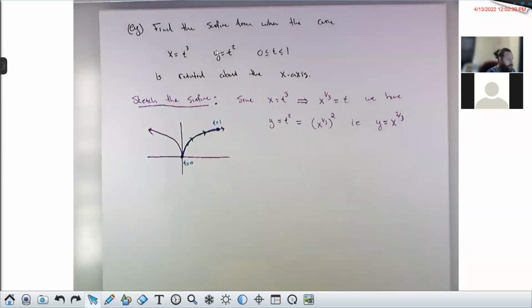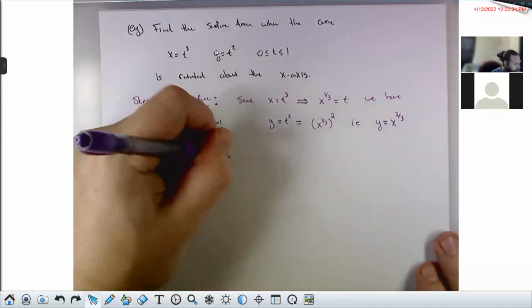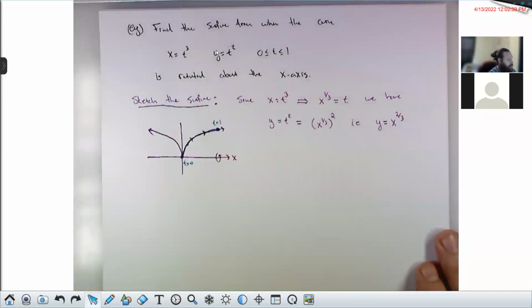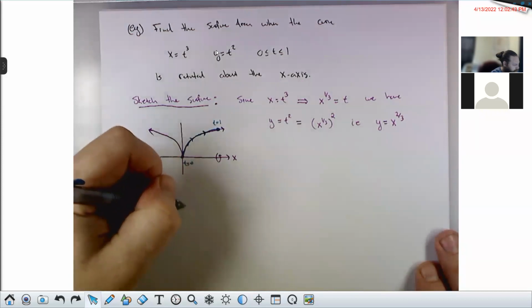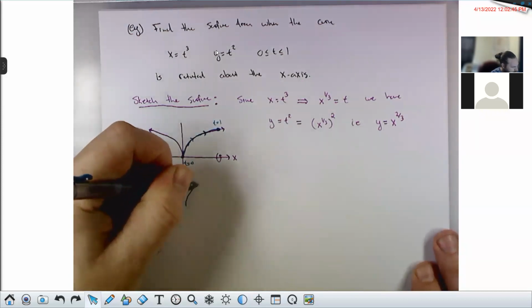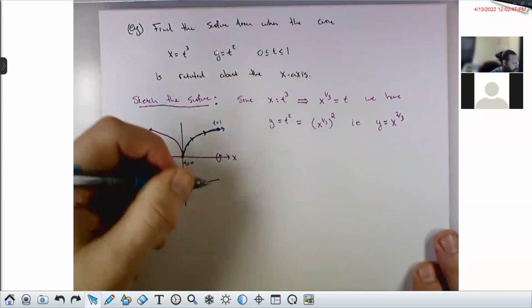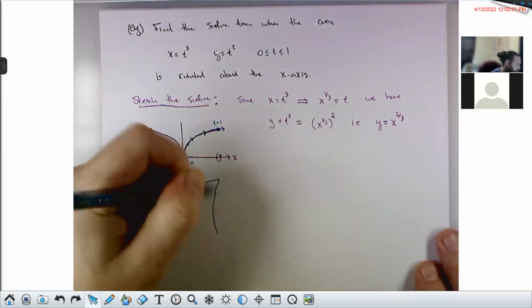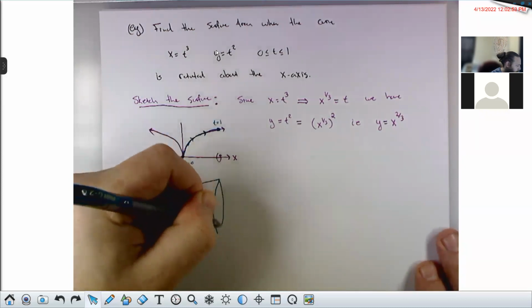So if I were going to revolve this curve around the x-axis, then the solid I would get will look something like this.